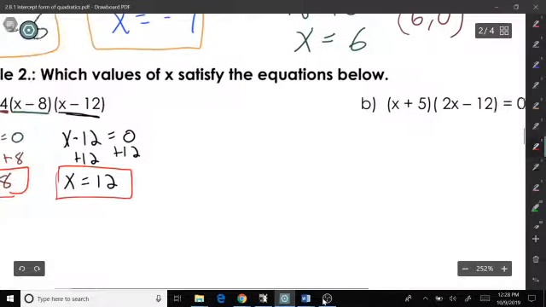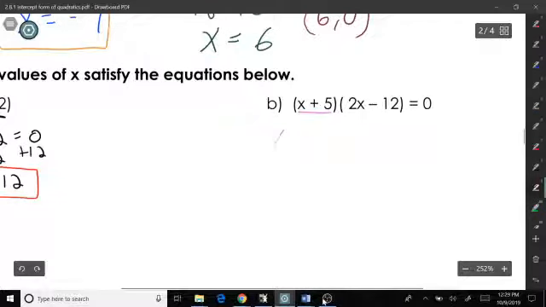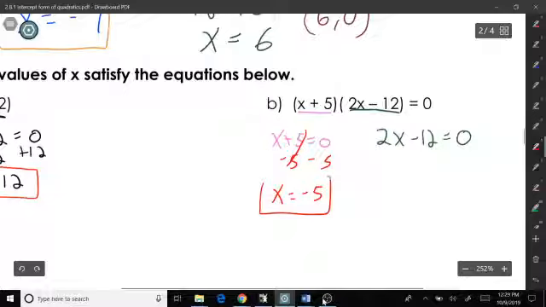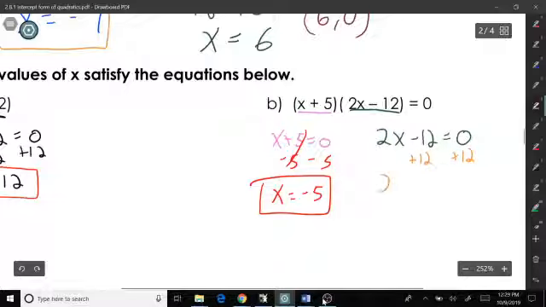Right, if we look at B, we're going to set each part equal to 0. X plus 5 equals 0. And this one, 2x minus 12 equals 0. So subtract 5. X equals negative 5. Okay, that's one of our solutions. However, for 2x minus 12 equals 0, all right, we're going to add 12. 2x equals 12.